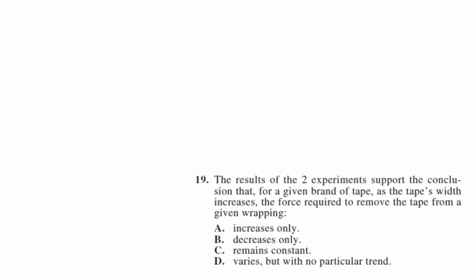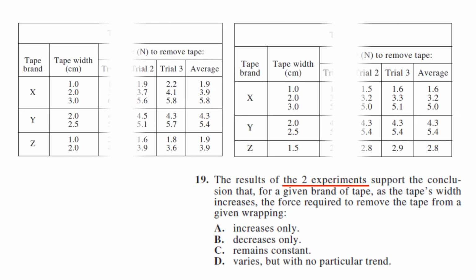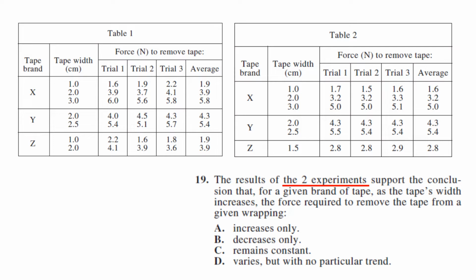Number 19, the results of the two experiments, so we're using both experiments, support the conclusion that for a given brand of tape, that means any of the brands will work except for choice Z in experiment 2 because we only tested one width, but they did test two widths in table 1, experiment 1.